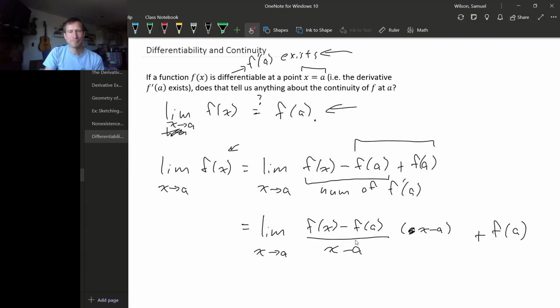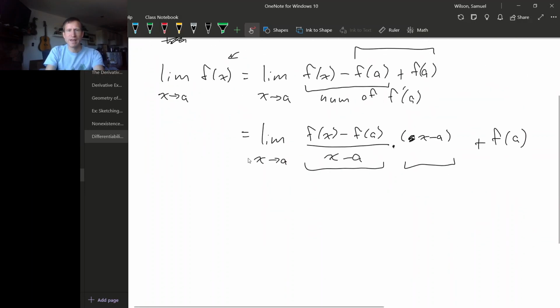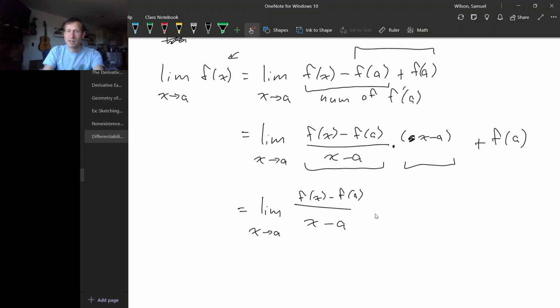All right, well now we have this ratio times this piece here, and the product rule for limits says that this is the limit as x goes to a of f of x minus f of a over x minus a times the limit as x goes to a of x minus a.